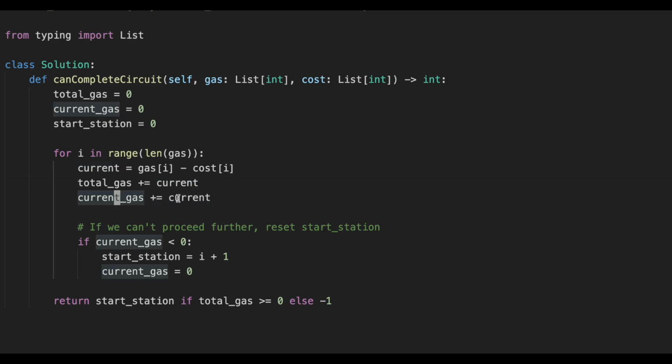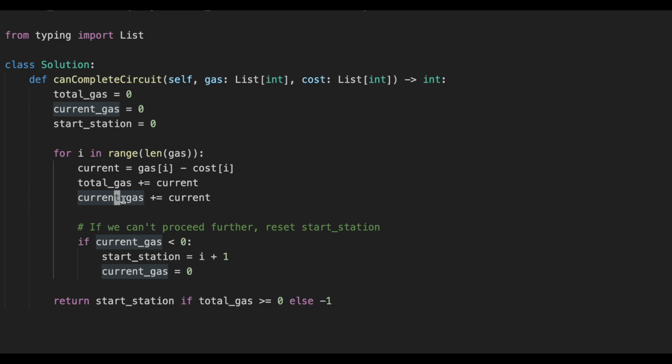At each step we check if at any point current gas is less than 0, then it cannot be our starting position. So we set our starting position to i+1, the next gas station.